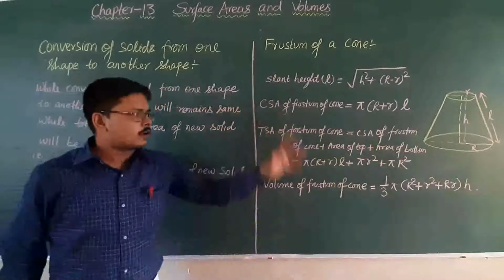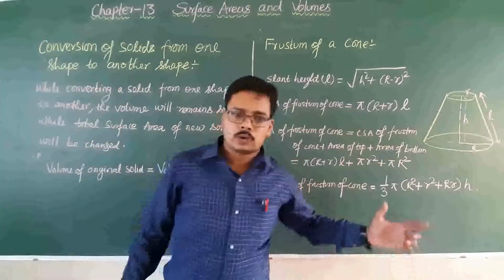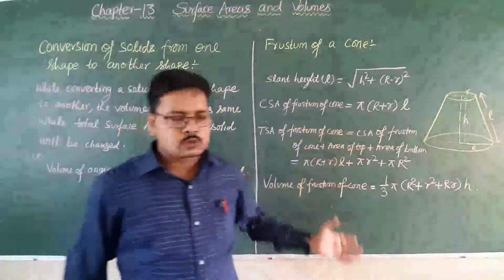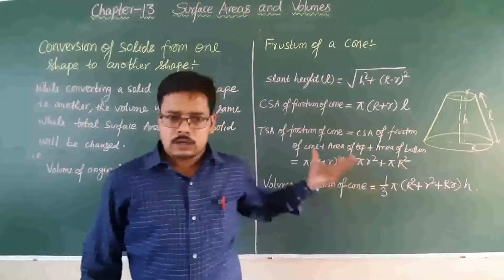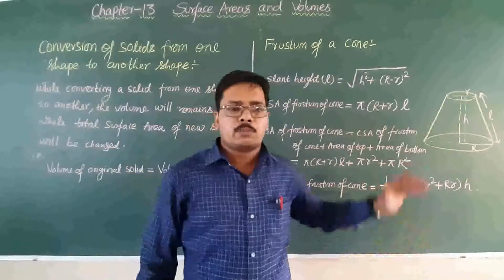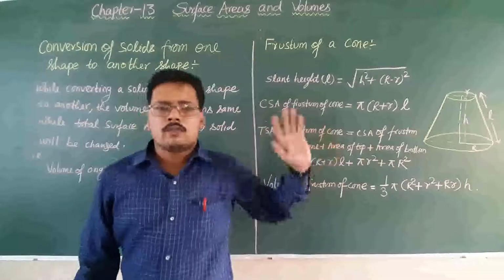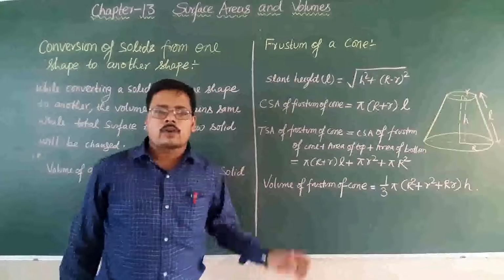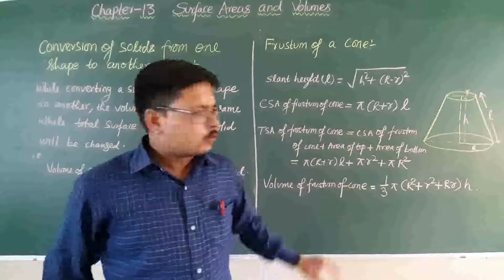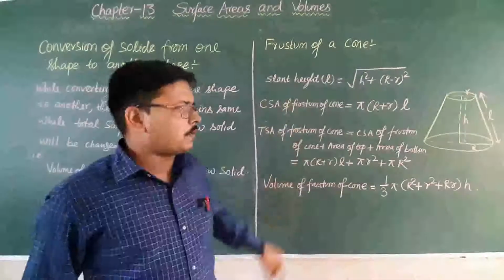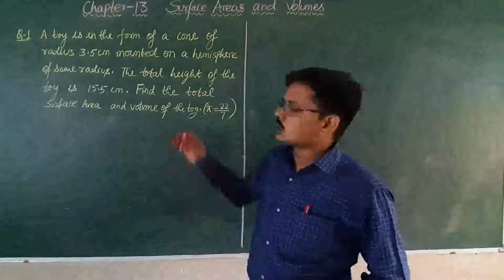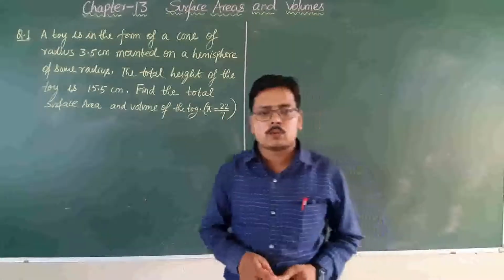So these are the formulas for the frustum of a cone. In daily life you see a lot of objects like a drinking glass and a bucket that are like a frustum of a cone. So for finding the surface area and volume you have to use these formulas. I am going to discuss some questions related to surface area and volume.